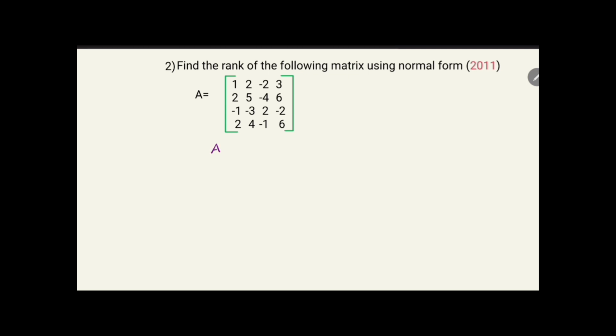So A is equal to 1, 2, minus 2, 3, 2, 5, minus 4, 6, minus 1, minus 3, 2, minus 2, and the last row is 2, 4, minus 1 and 6.